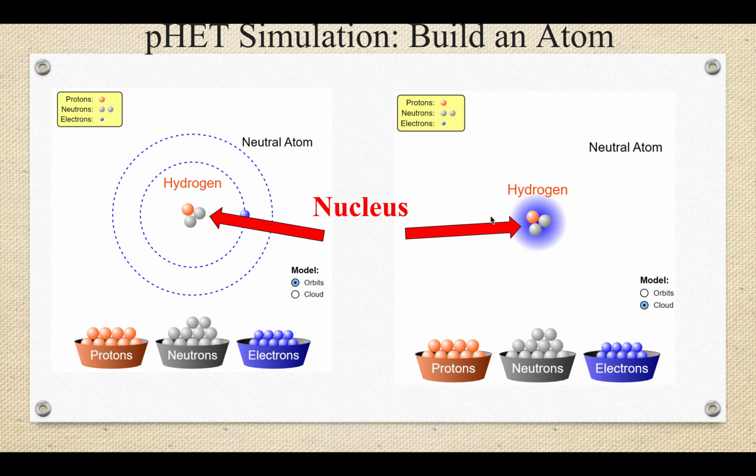But what is different about these two models? Hopefully it's pretty obvious. All right, the nucleus, as you see, stays the same. In the electron cloud model, however, the electron is moving so quickly that it forms this sort of cloud around the nucleus, this sphere, right?